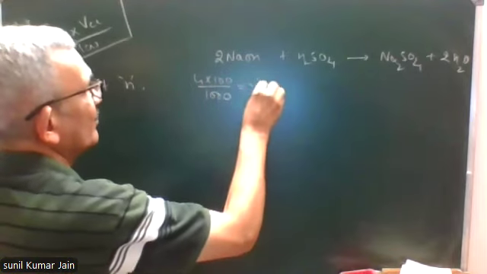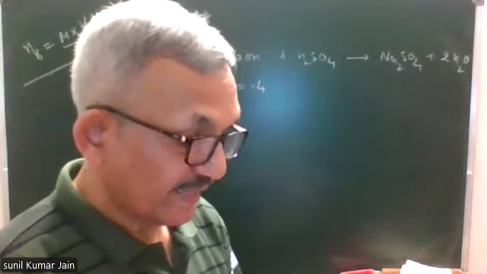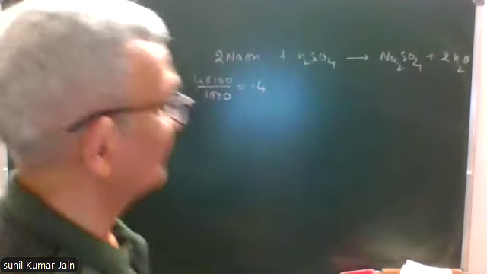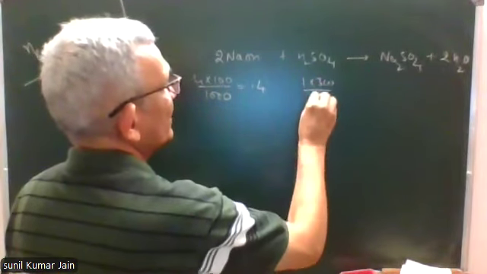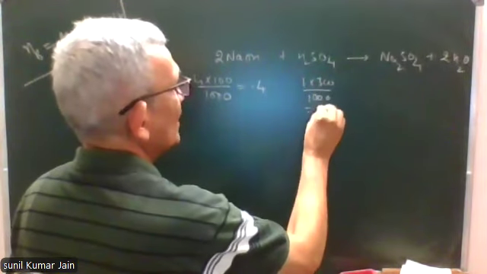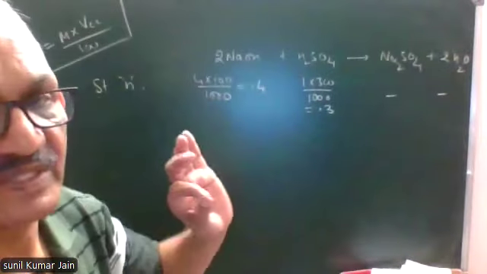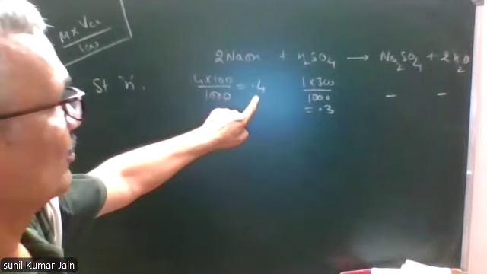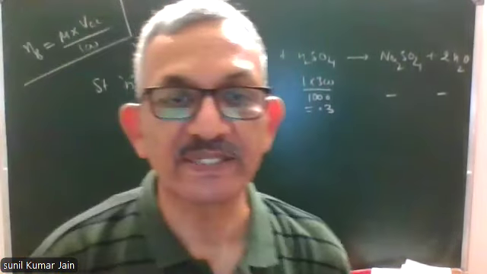This will be 0.4 mole. 300 cc of 1 molar sulfuric acid, 1 molar into 300 cc divided by 1000, 0.3 moles. So we started the reaction with 0.4 mole of NaOH, 0.3 mole of sulfuric acid.